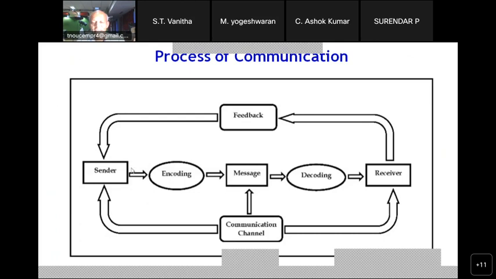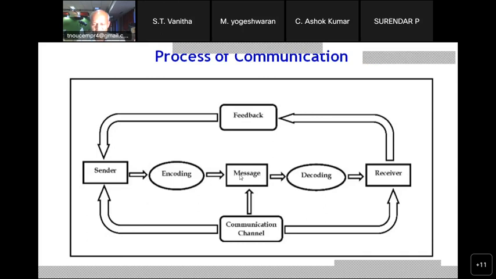And what is the message? All of you, in your notes, please write. Just before going into communication, it's common sense only, so you need not think much about all this. There is a sender, there is a message, there is a receiver, and there is a communication channel, and there is an encoding, there is a decoding, and there is a feedback.